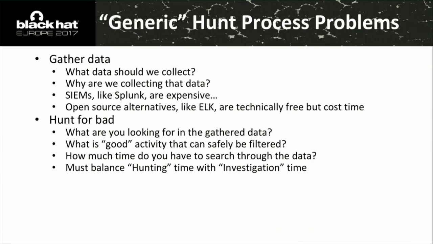So what data should you be collecting, and why are you collecting that data? Is there a purpose behind gathering every event log or every process? If you're not actually performing any type of analytics on it, are you just bogging down and paying extra money to a provider, say like Splunk, or loading up your SIEM? And so there's a cost there of gathering the data.